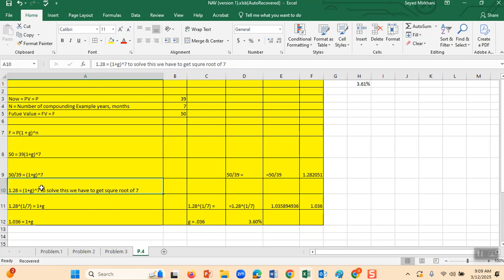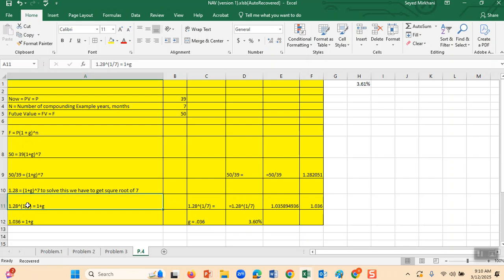Therefore, I multiply this side of the equation by 1 over 7, and I multiply this side also. Then 1 plus g is to the power 1, because 7 times 1 over 7 is 1. This side of the equation simplifies and becomes 1 plus g, and the other side is 1.28 to the power 1 divided by 7.